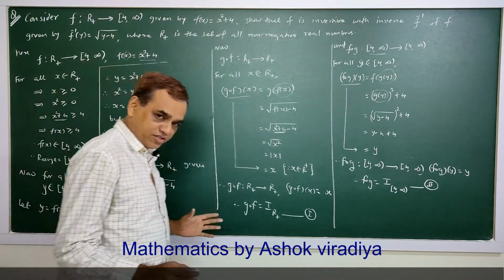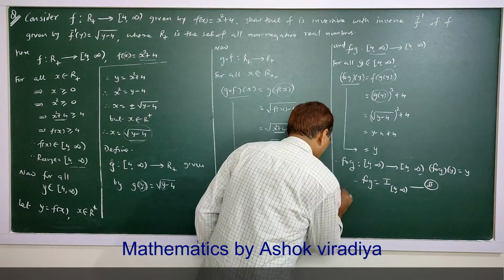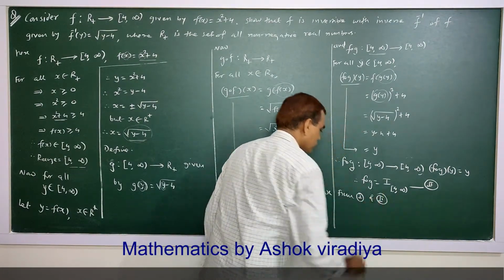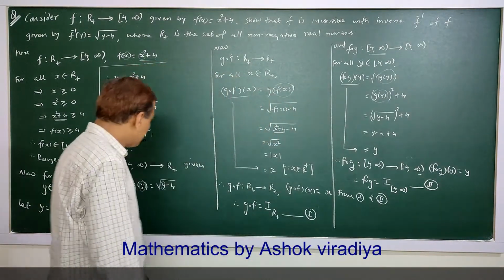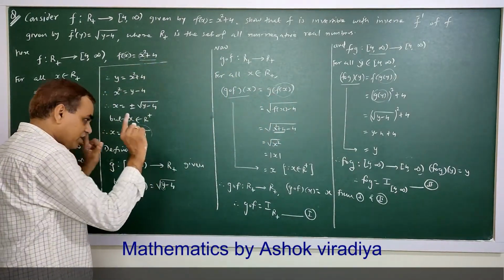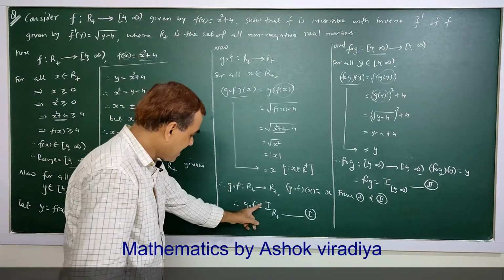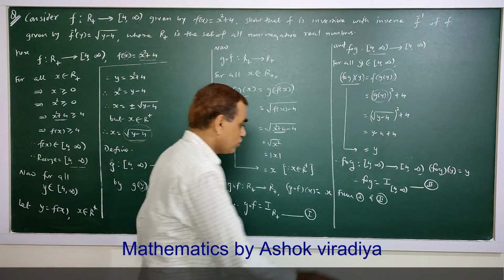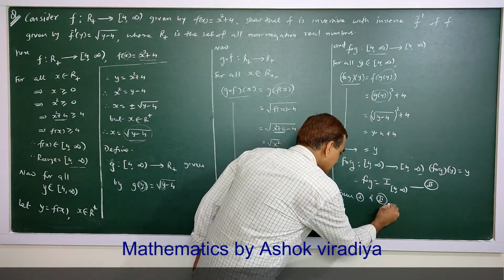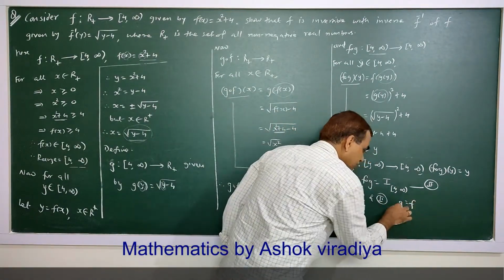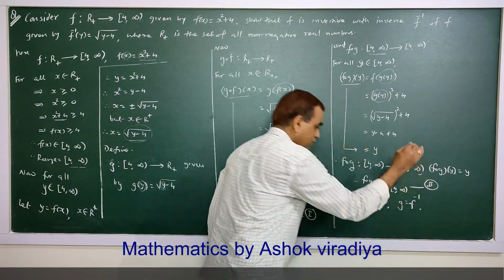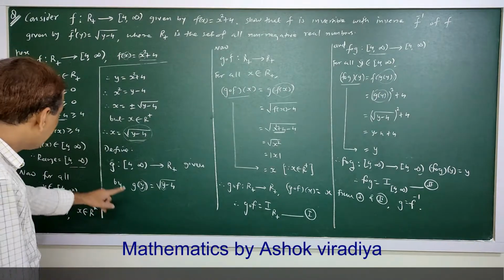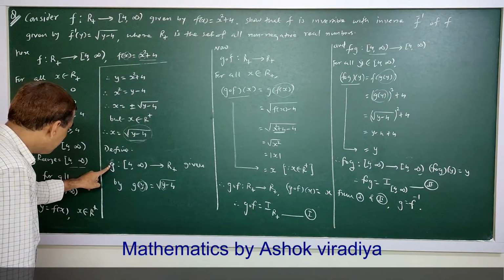So by definition, from 1 and 2, here g is a function such that g∘f is the identity function and f∘g is also the identity function. So such a function g is said to be f inverse. Now we can replace this symbol g by f inverse.